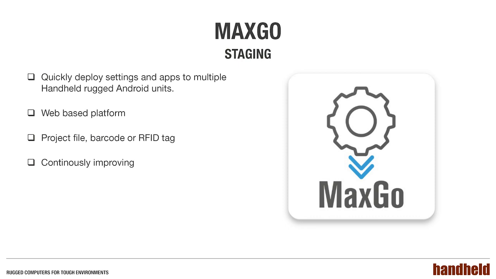You can do all this pre-configuration of the device, and then when you enroll it, you can either load the project file manually on devices, or you can scan a barcode, which is the most common way today, I think. But we also offer the option of an RFID tag, so you can have multiple RFID tags and just scan these tags and quickly stage the devices. And I will show you a video of what this looks like.